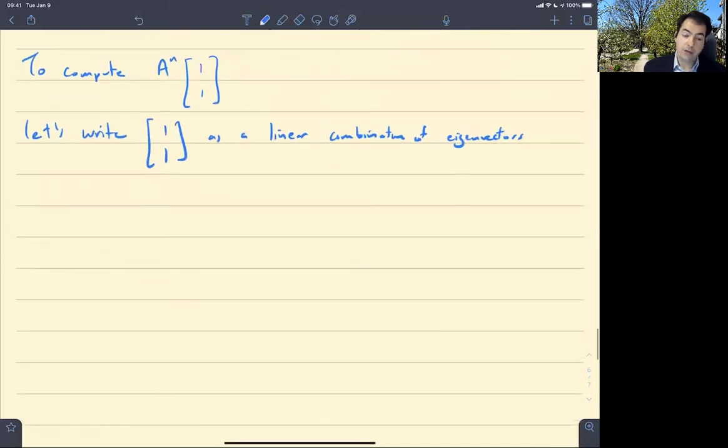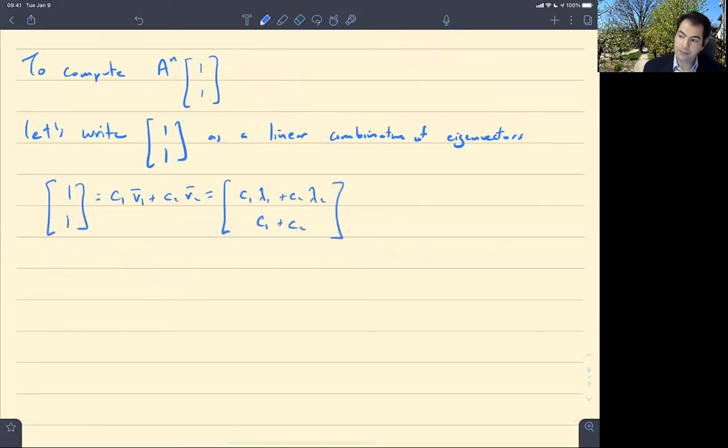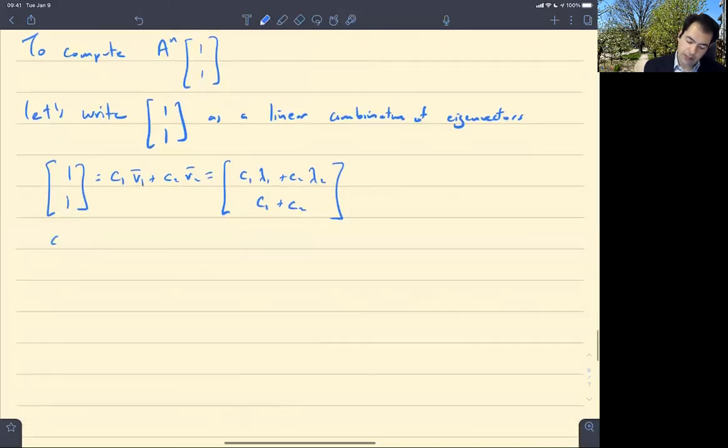So we could take advantage of orthogonality, or we could just write it out directly, right? So let's say I want (1, 1) to be C1 V1 plus C2 V2. That means I want C1 lambda 1 plus C2 lambda 2 to be equal to 1, and C1 plus C2 equal to 1. So from the second coordinate, C2 is equal to 1 minus C1.